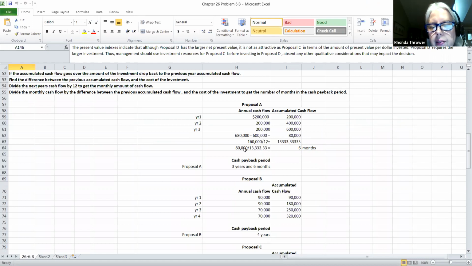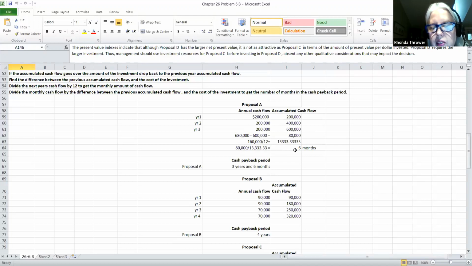So the last step is to take the difference between the initial investment and your accumulated cash flow, which was $80,000. We're going to divide that by the monthly amount of cash flow in year 4, and that will give us 6 months.